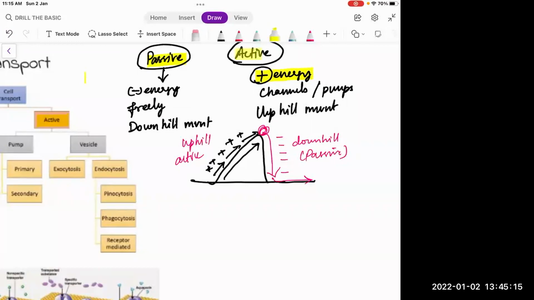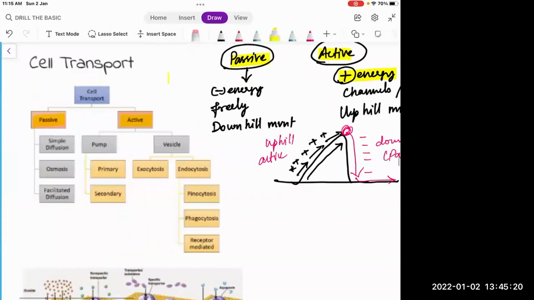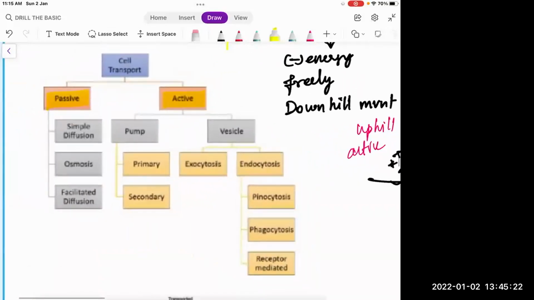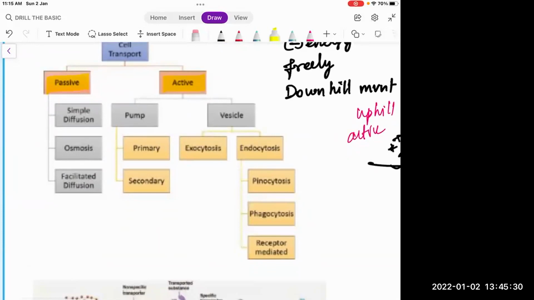Okay, so now you know what active transport and passive transport are. First we will see the types present in passive transport: simple diffusion, osmosis and facilitated diffusion. In simple diffusion, as the name suggests, substances just diffuse through the cell membrane.